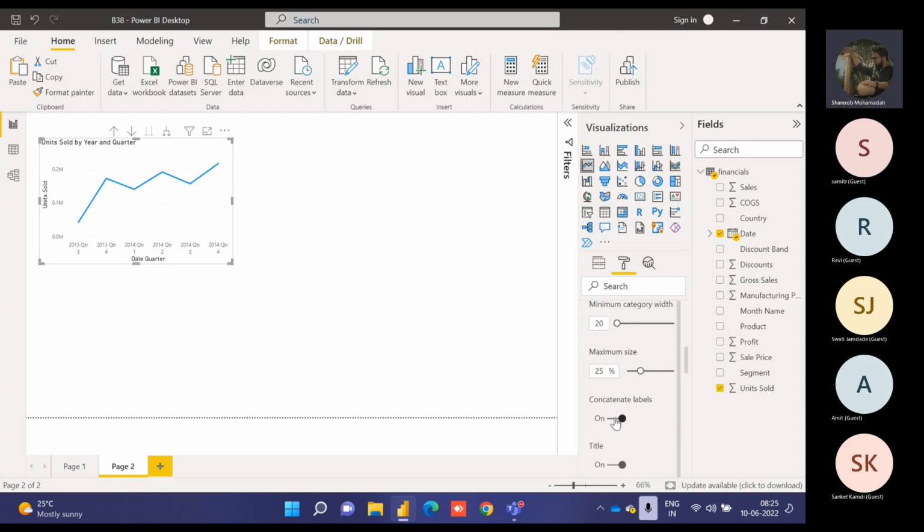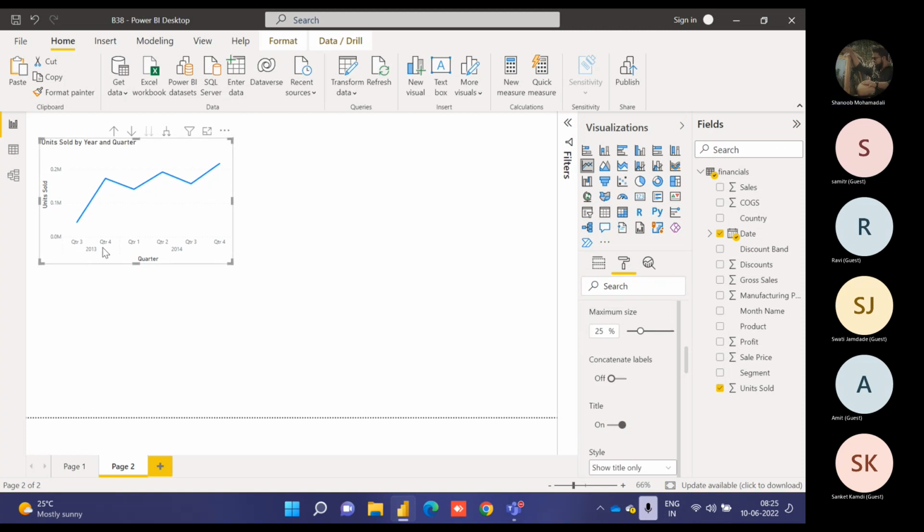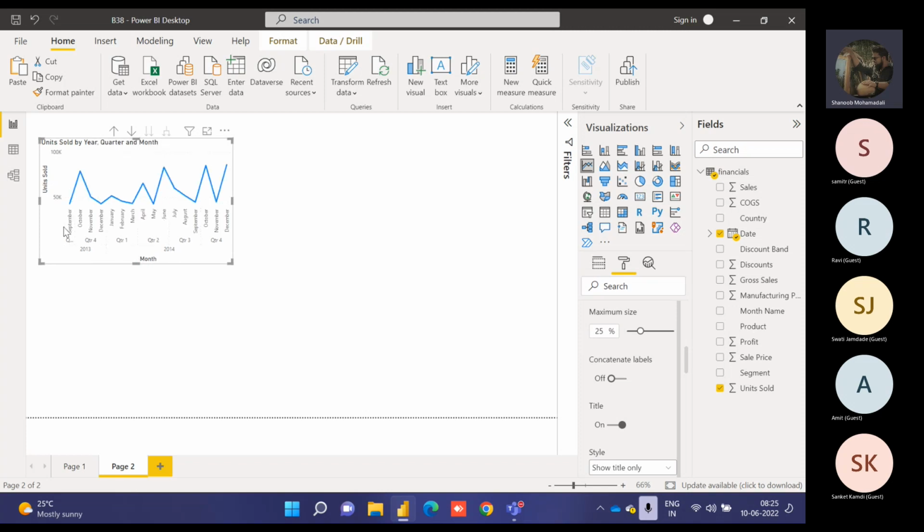disable the concatenate labels. Remember, I told you that we will learn what concatenate labels are when we go to the drill down of the hierarchy. So if you turn this off, you will see it like this. For 2013, what all quarters are there? For 2014, what all quarters are there? If you go to next level again, you'll be able to see the months, quarters, and then the year. So this is how it works.